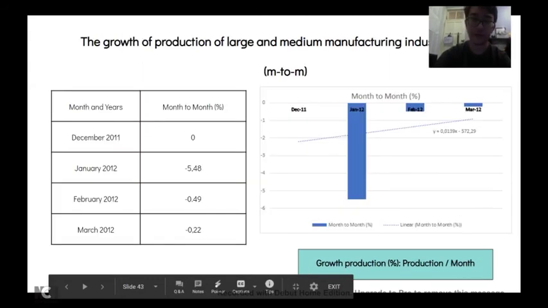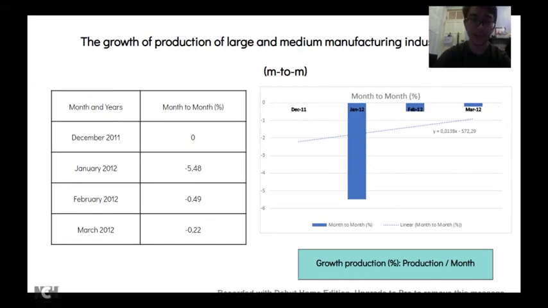As for the monthly growth of production of the large and medium manufacturing industry, from December 2011 to March 2012, there is a huge decrease from December 2011 to January 2012. The decrease is about minus 48%.